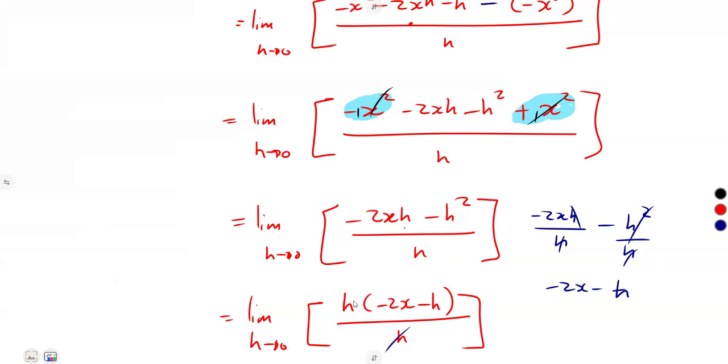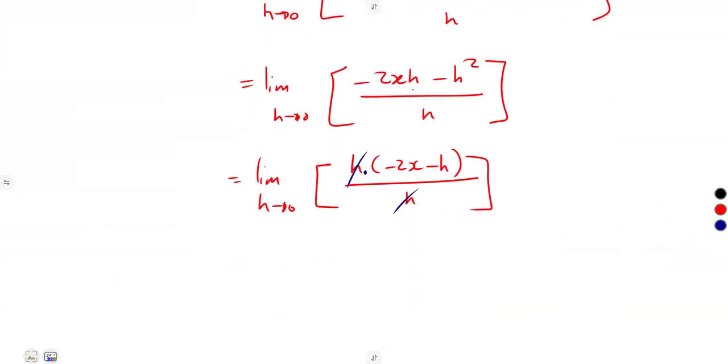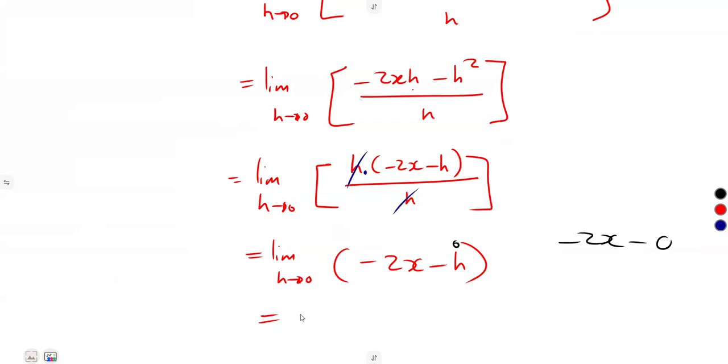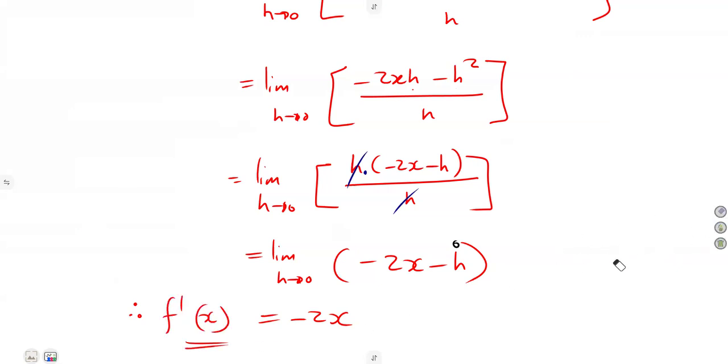And this allows us to cancel this and this since we've got a product. So our denominator is no longer part of our question since we canceled. So we are left with the limit of minus 2x minus h, where h is approaching 0, you put a 0 in place of h. So it's minus 2x minus 0, which is minus 2x at the end. So that's our first derivative with respect to x, minus 2x, just like that.